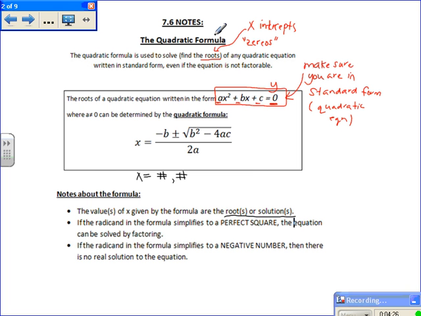The other thing I need to notice is the radicand, which is a term for whatever is inside your square root symbol.